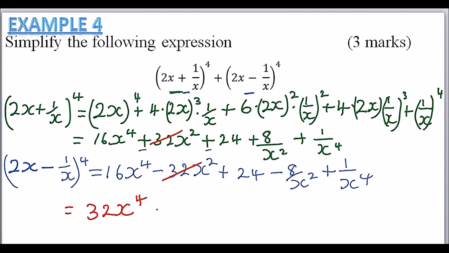So we will have plus 48. Then we have plus 8 over x squared and minus 8 over x squared. So this goes with that one. Then we have 1 over x to power 4 plus 1 over x to power 4. So that will give us plus 2 over x to power 4.